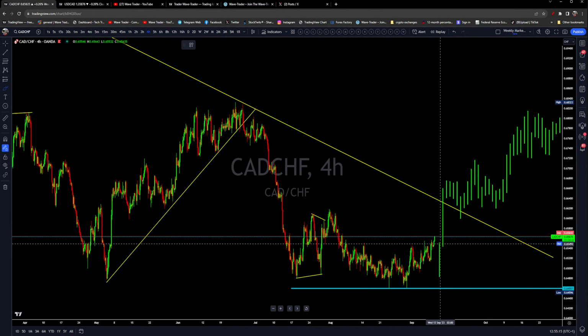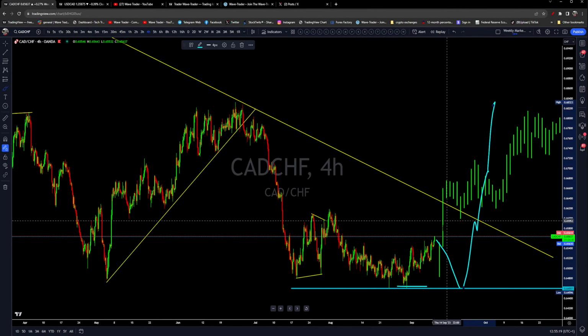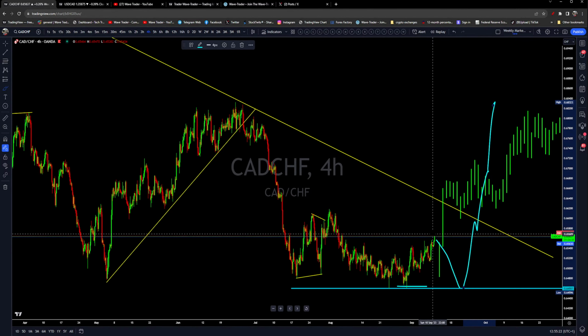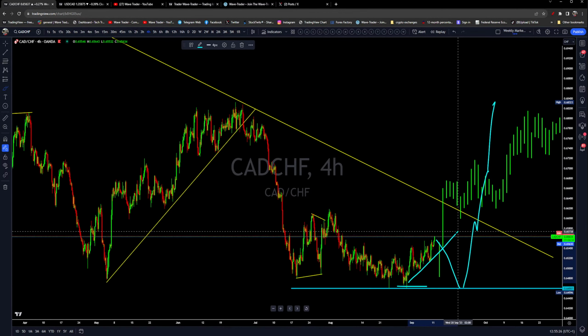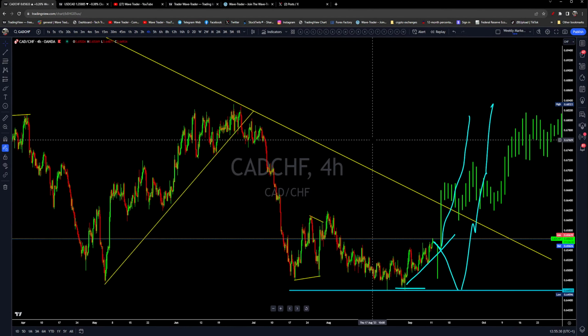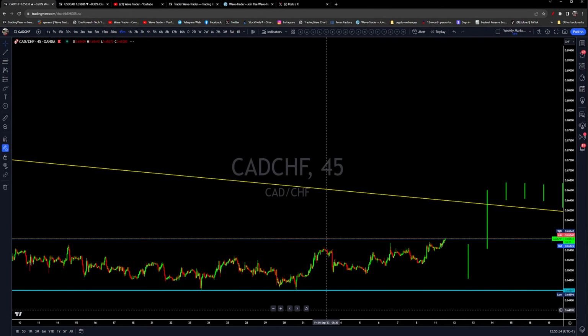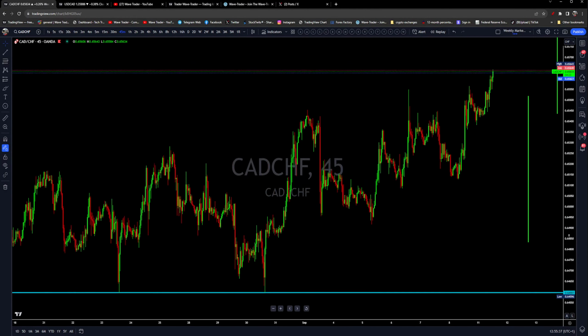So anything can happen. It is better to let this test that low, or if you still want to get into the trade, then you have to be really careful at the current price and need to see a correction over there and it continue to keep rising all the way back to that high. So I'm going to look at the lower time frame for that. It's not a trending pair.